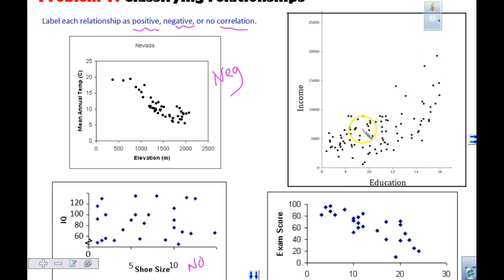Positive. It's positive, but at the end of this unit we're going to be talking about whether we have a weak or a strong correlation. This one would be a weak positive, but it still would be positive because overall as our education increases, income increases. And in this one, we definitely have an outlier, looking at that income compared to the rest of them.